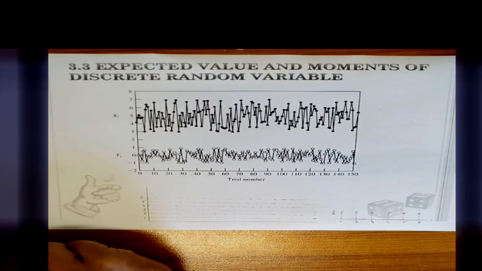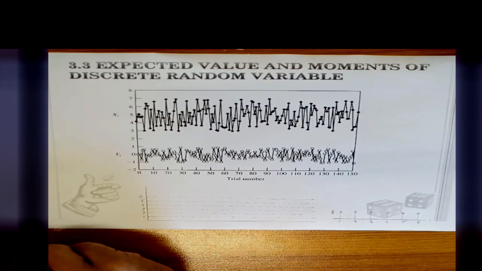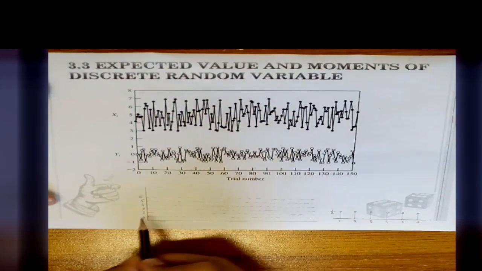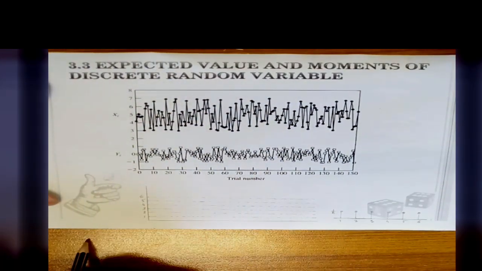Okay, how we got them, let me start with a simpler example. For example, if we roll a dice, now dice has 6 outcomes: 1, 2, 3, 4, 5 and 6.